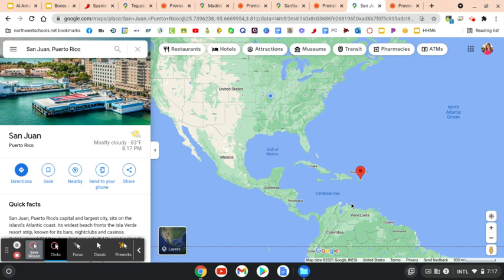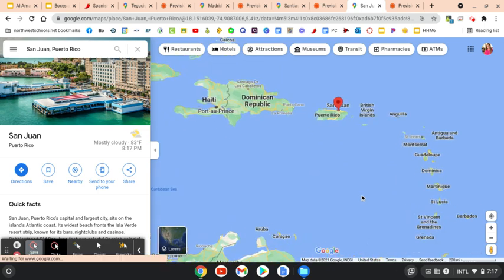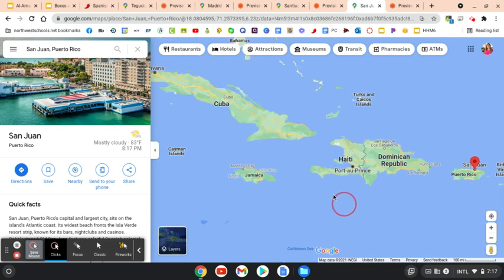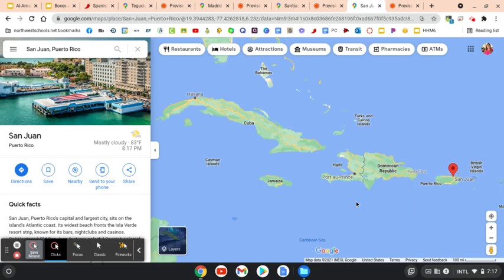En el Caribe. Now, típicamente, cuando yo hablo sobre lugares en el Caribe, when I talk about places in el Caribe, yo hablo solamente, I talk about Puerto Rico, la República Dominicana y Cuba. 1, 2 y 3. ¿Por qué?